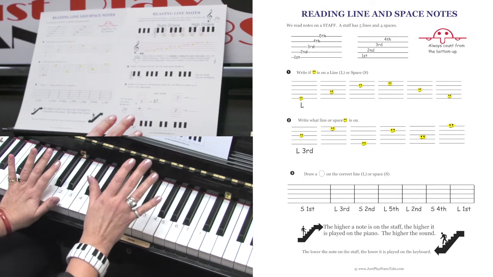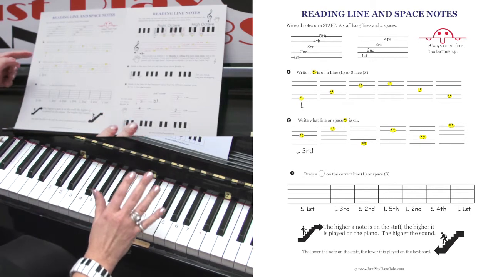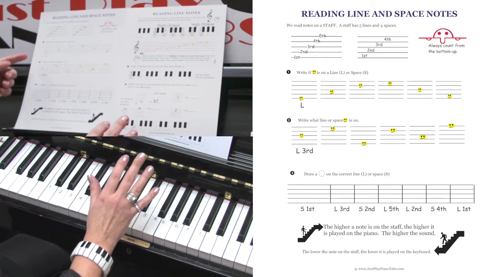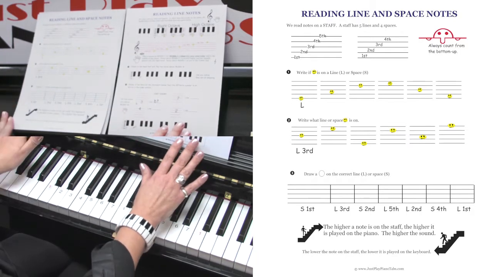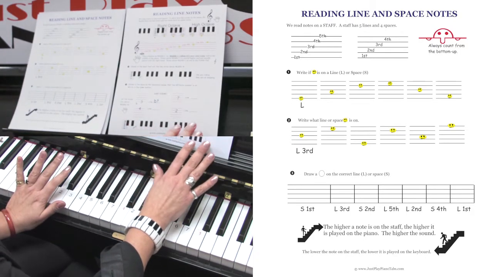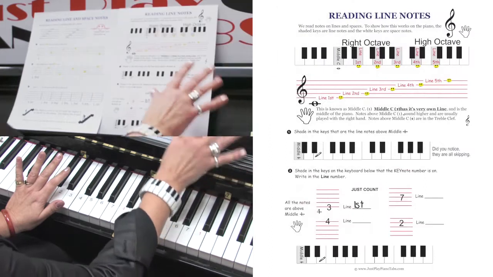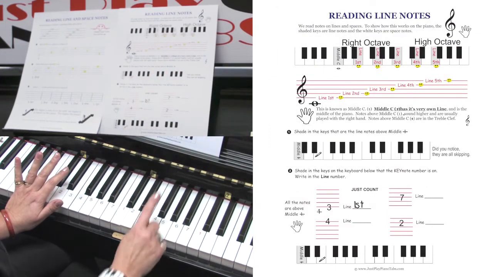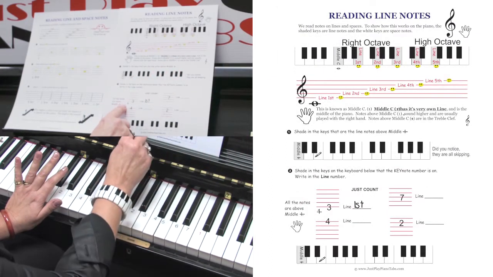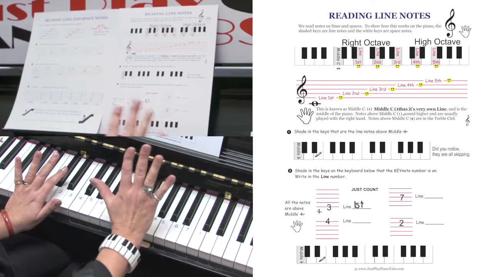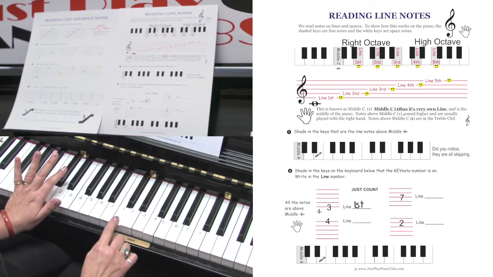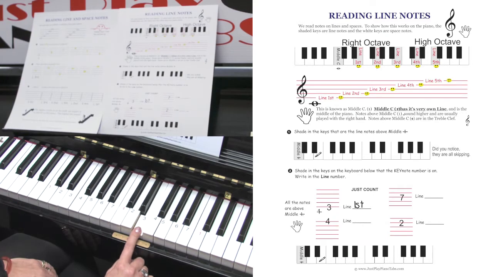Now another theory part of this book is seeing how reading line notes relates to the key notes of Just Play Piano Tabs. So let's take a look here, reading line notes. We know that middle 1 is a line note. Okay, there are 5 lines to a staff, and the first line on the staff is key note 3.